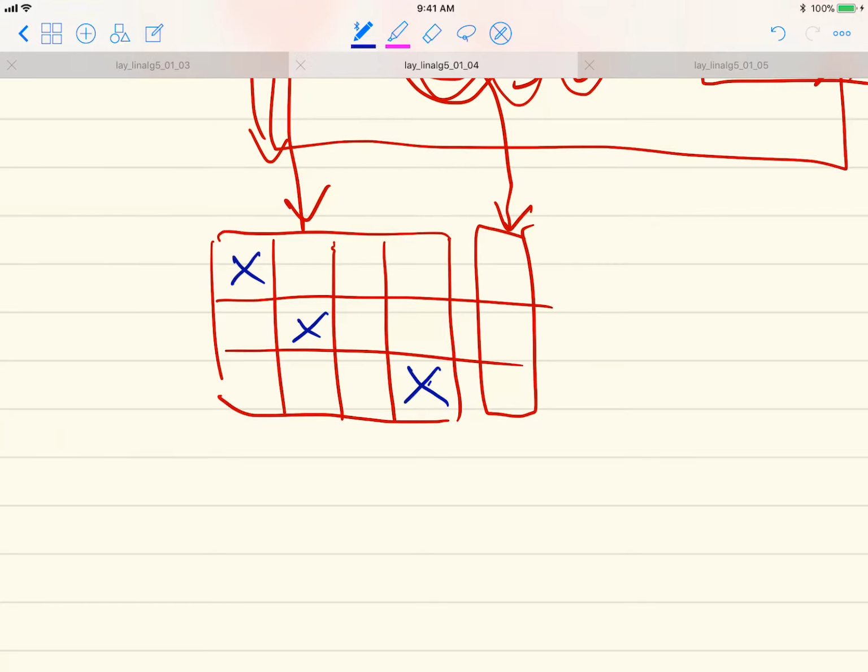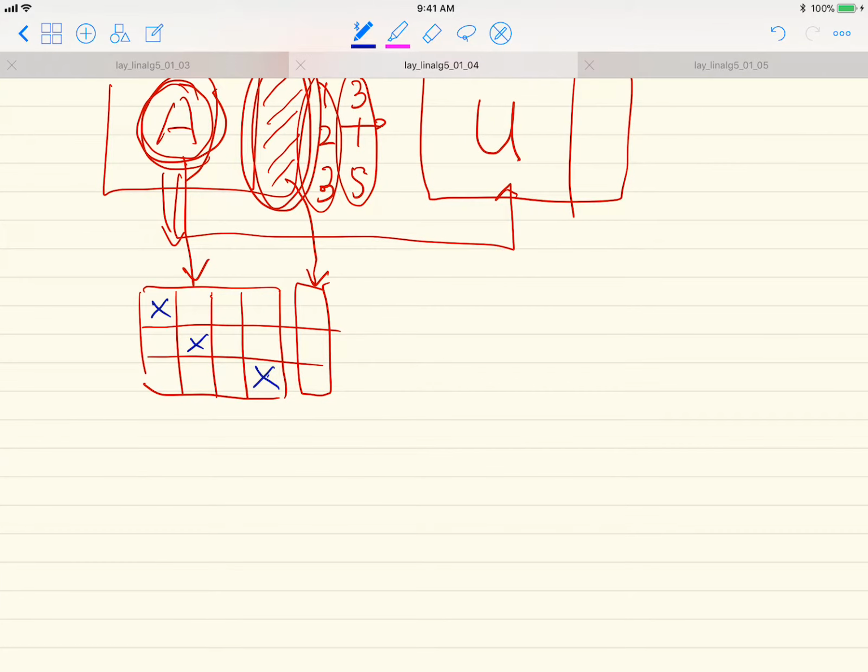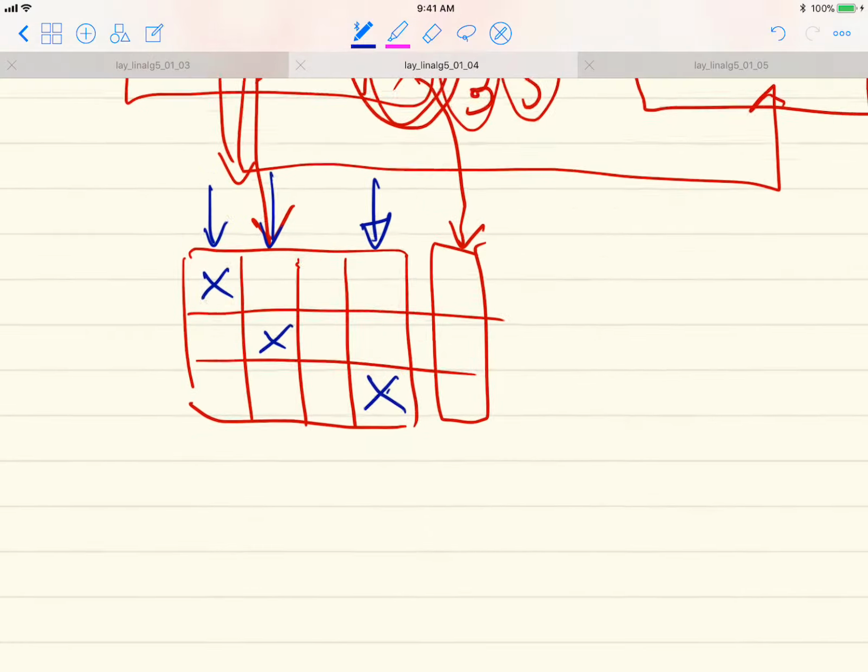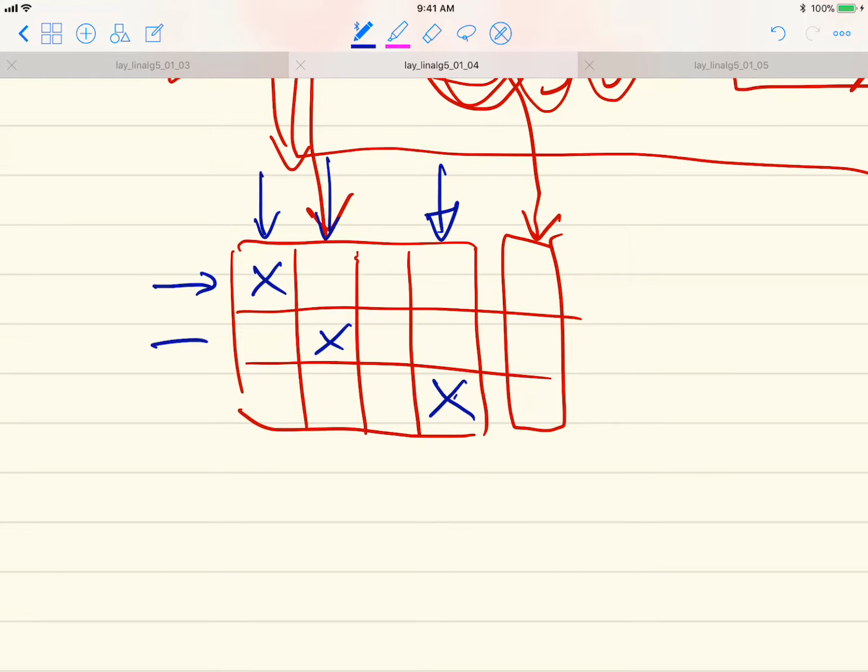This is the case that we consider. In this case, a pivot is found in the first, second, third, and fourth columns, but at the same time, each row had a pivot in the corresponding part of the variables.